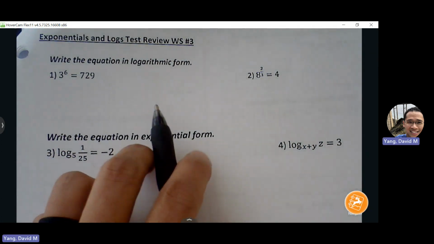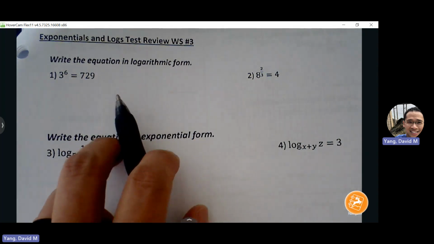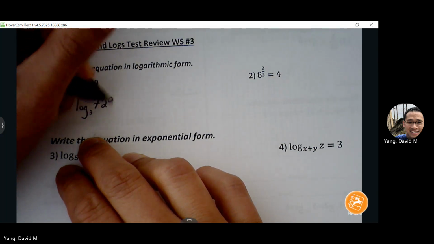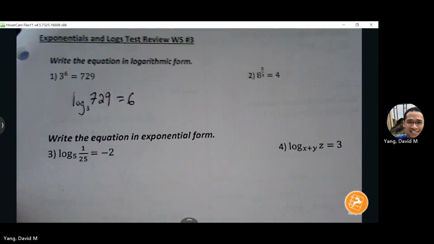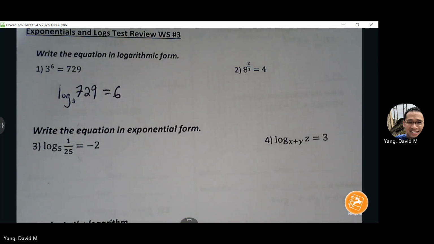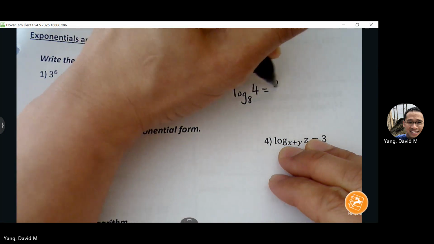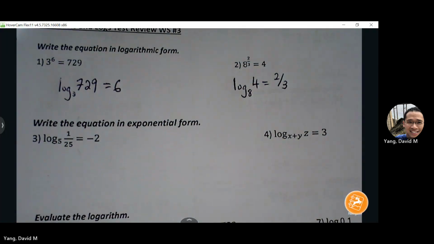Right, so the whole point of log form is to isolate the exponent to be by itself. Exponent form. So we just go in the other direction.